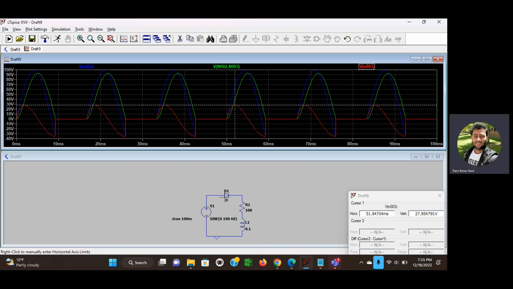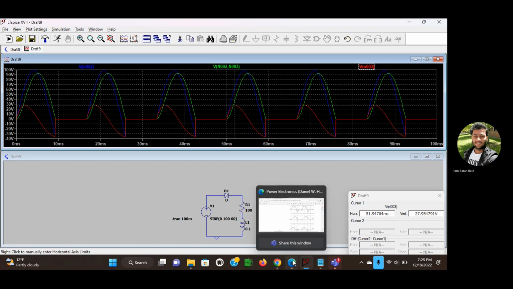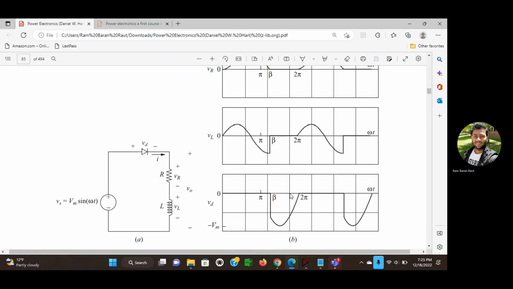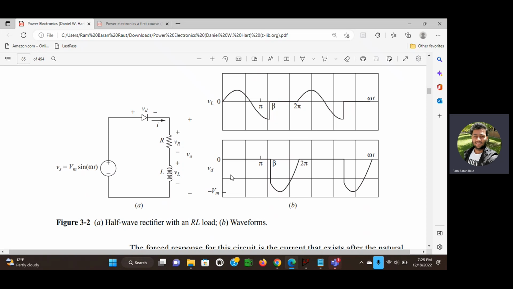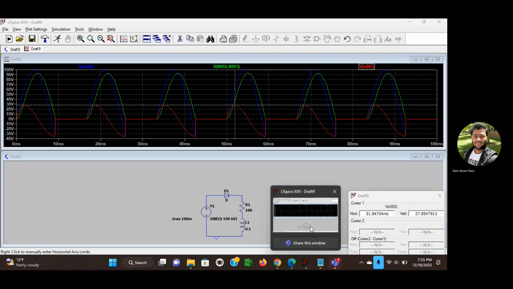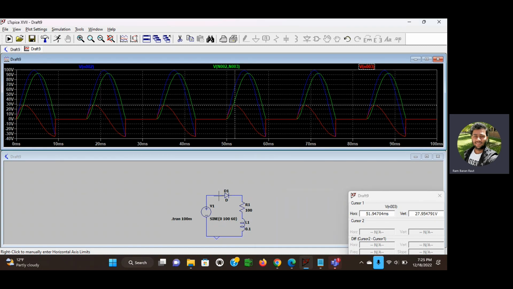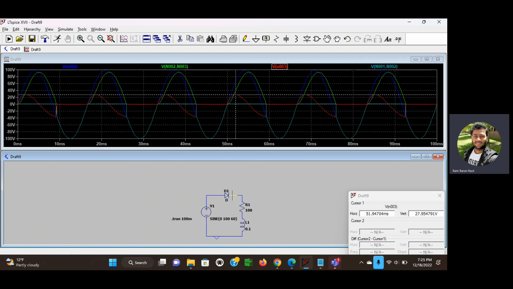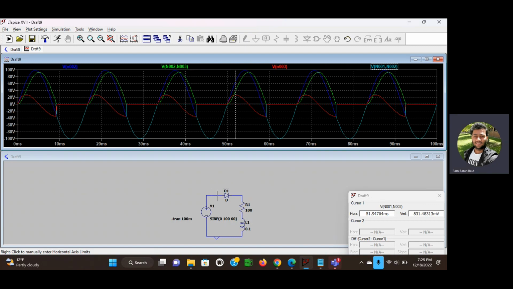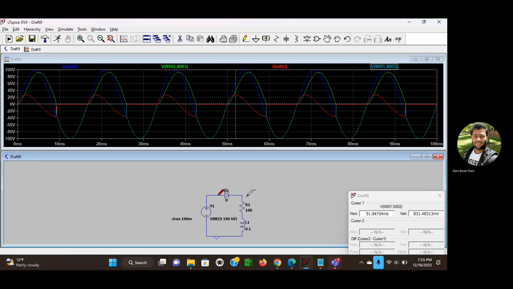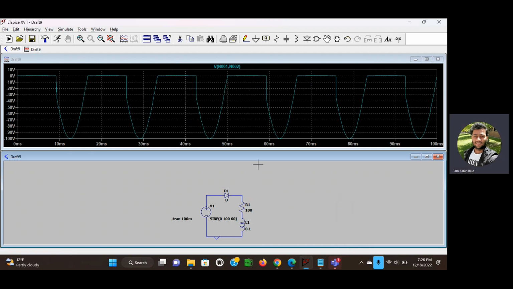Now we are going to see the diode. Let me see what they have. They have the voltage drop in the diode. So we need to put one probe here and another one over here. This is the diode, the blue color. This is the diode voltage.